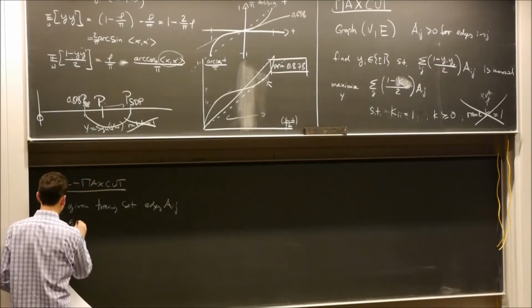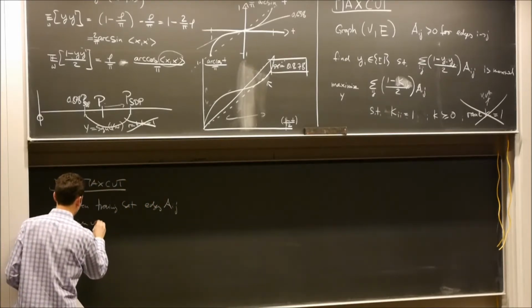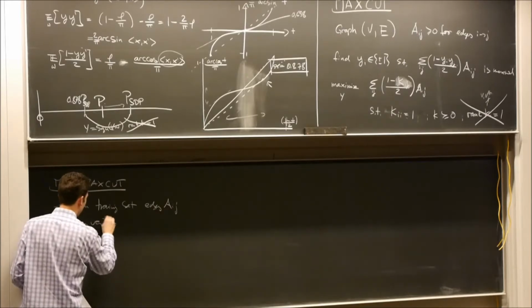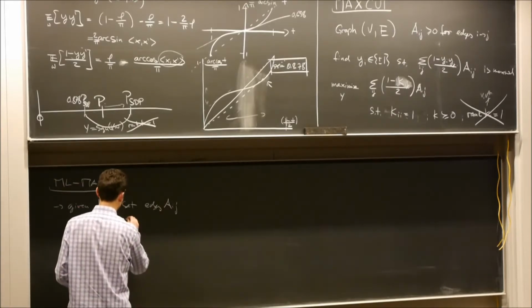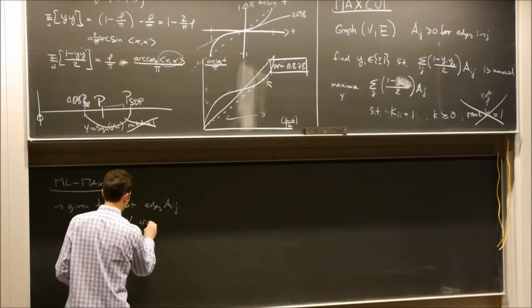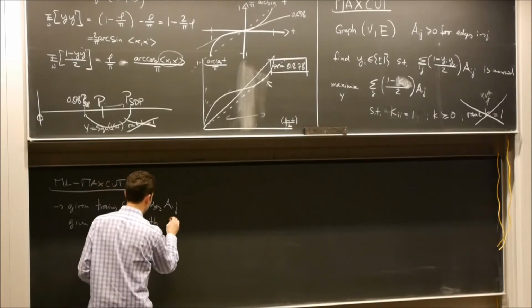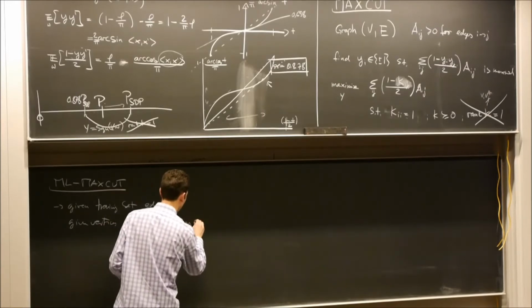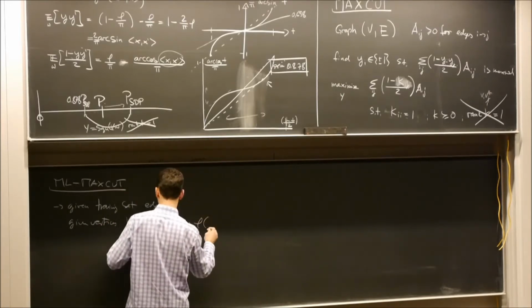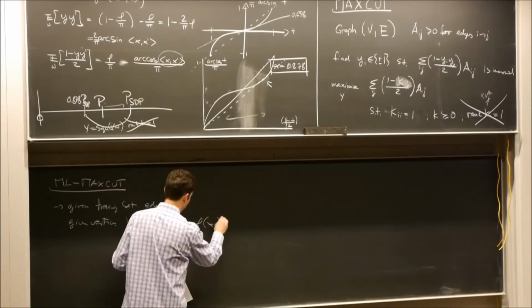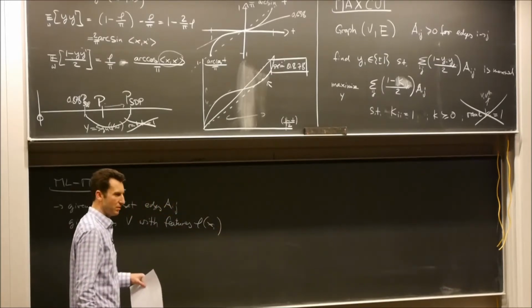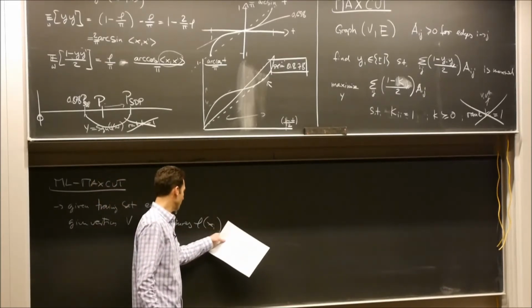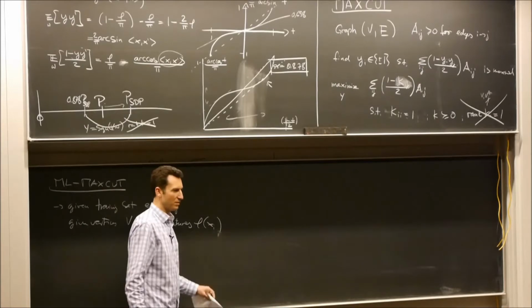We are given vertices v with features phi of xi. So these are some features. They might be more or less complex.